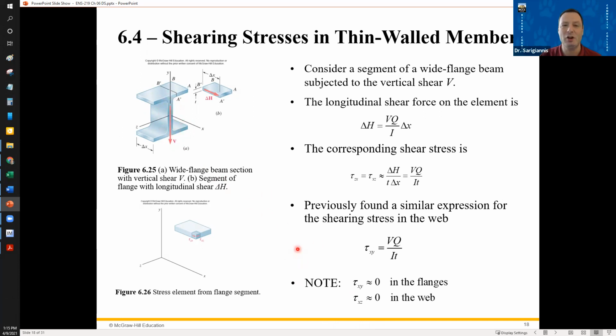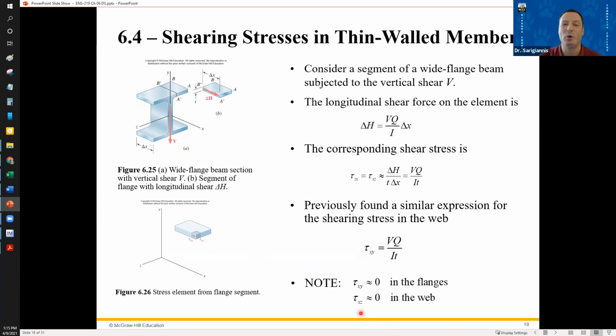So any shear in the y direction is going to be mainly concentrated in the center section, which is why they say it's approximately 0 in the flanges. That's the tau xy: the x plane, the plane perpendicular to the x-axis, y direction shear.